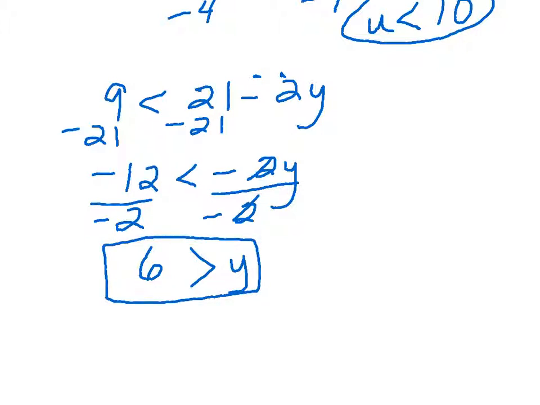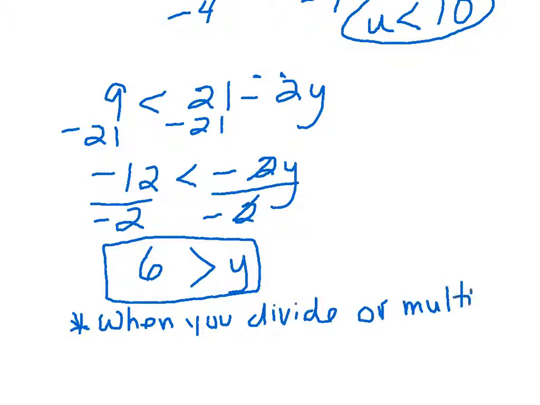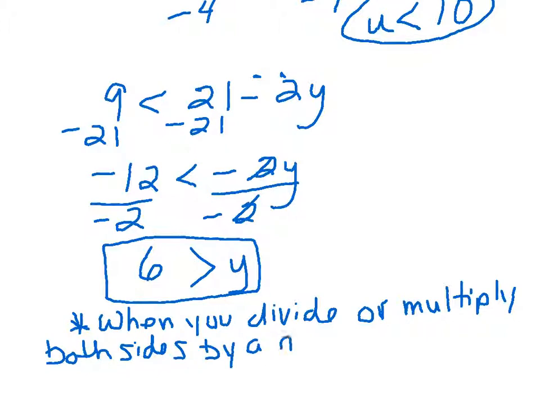All right, so we need to write that rule down in our notes before we forget. So when you divide, and actually the same is true for multiplying, both sides by a negative number, flip the inequality.